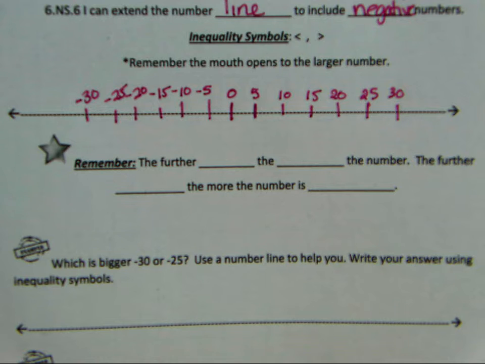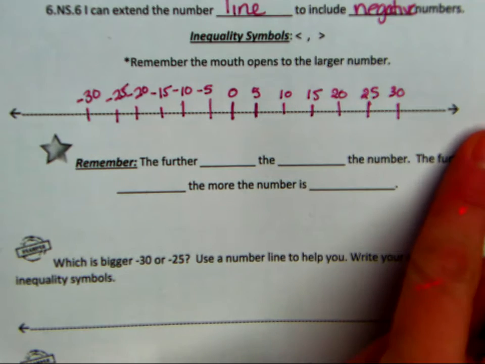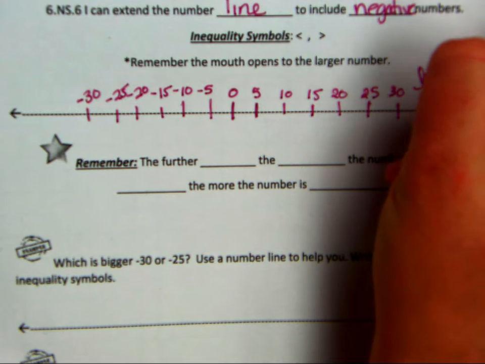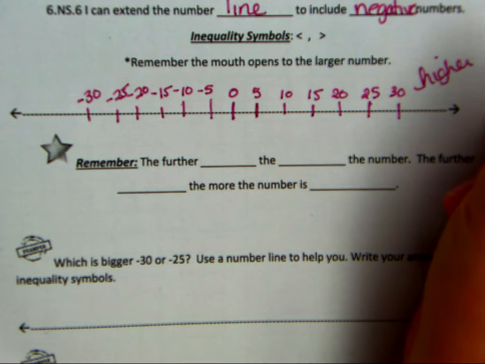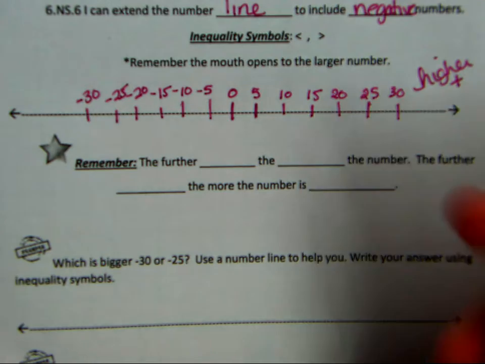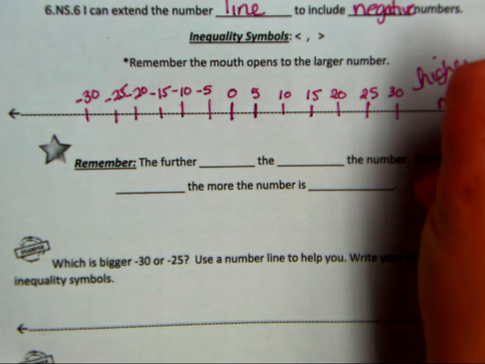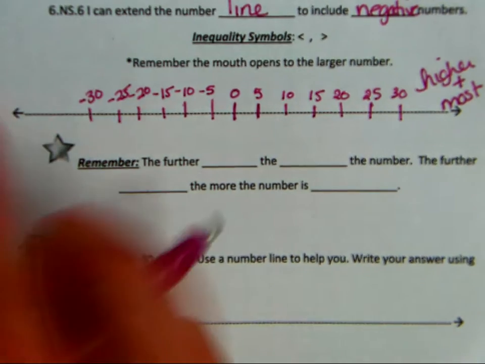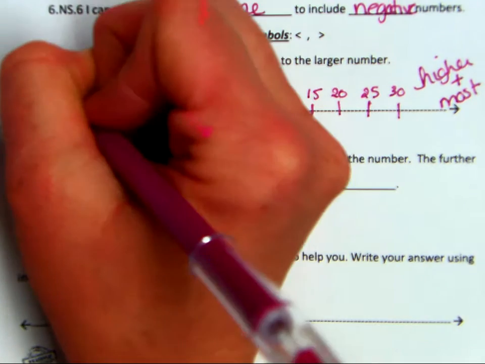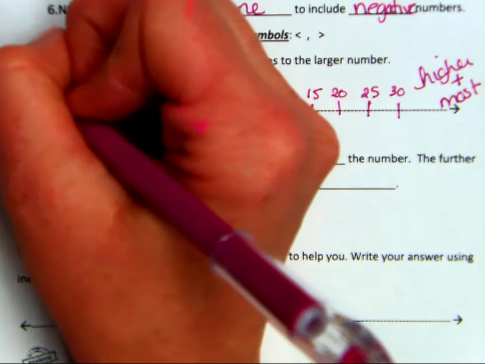We want to remember that as we move forward this way, the number is going to be higher. It most likely is going to be moving towards the positive. It'll be the most. And as I move this way on the number line, my number is going to be lower. It might be in the negative, and it would be the least.